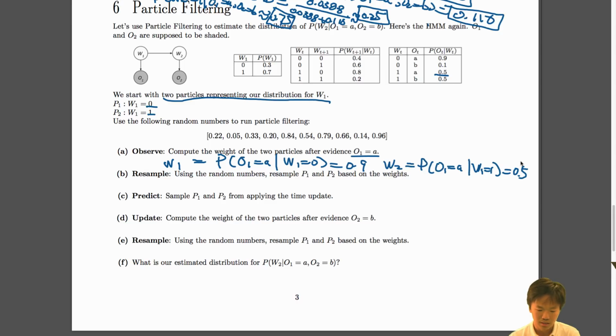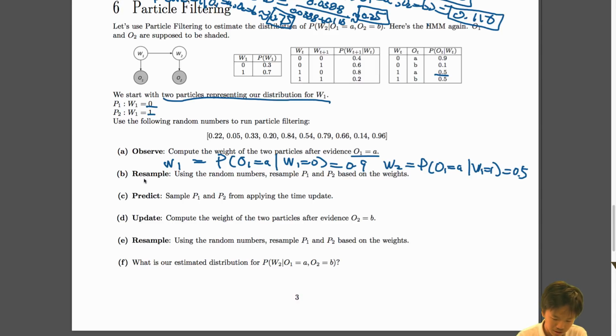Okay. Now, in part B, we're going to perform a resample based on the weight we just calculated. Notice that the weights of particle 1 and particle 2 do not add up to 1. That means we must normalize the probability distribution before we resample.